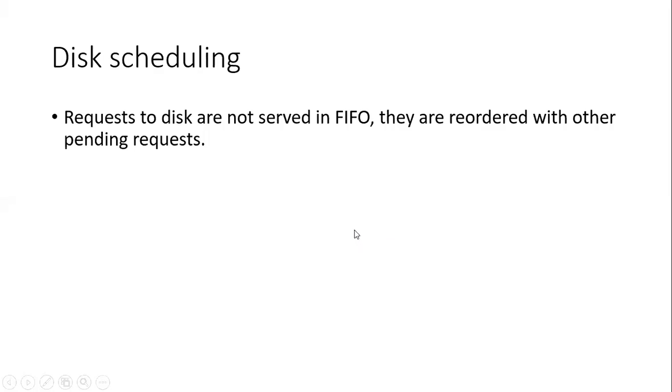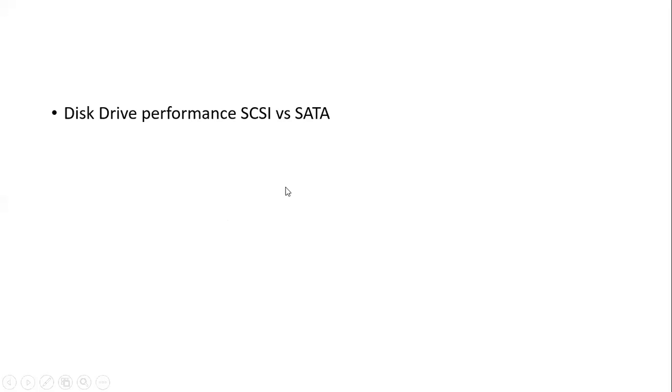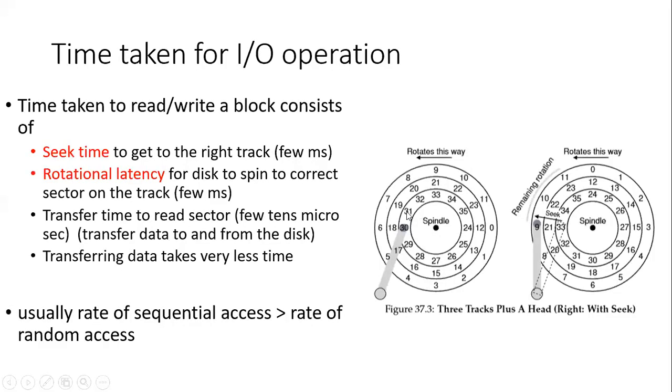Maybe it is accessing 31, then the request is for 10, then the request is for 12, and the disk serves the requests as per arrival. So you can see there is random access, the disk has to move randomly and not in a sequence. Lots of moves are there, so of course it takes time for processing.